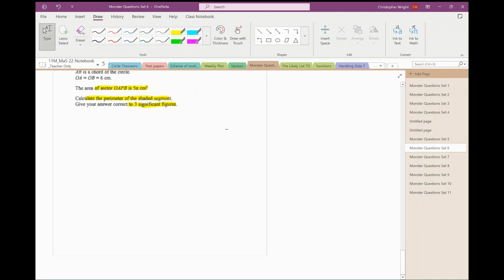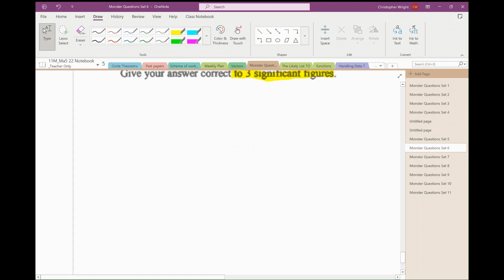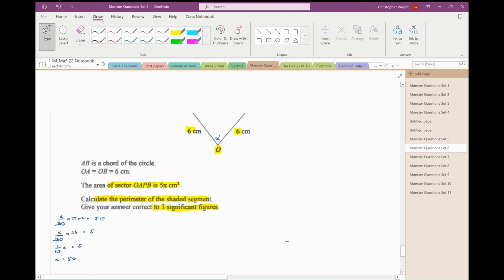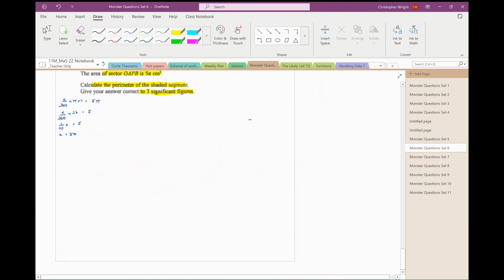I know that alpha over 360, that fraction of the area of the circle, is 5 pi. So I'm going to substitute in r is 6, and divide both sides by pi as well. That means that 1/10 of alpha is 5, so alpha is 50. So we know that that top angle is 50.